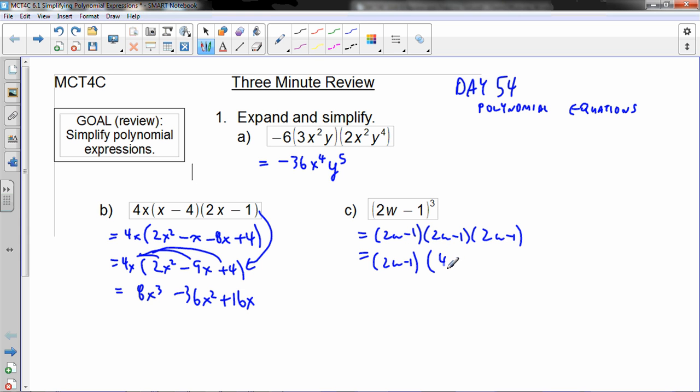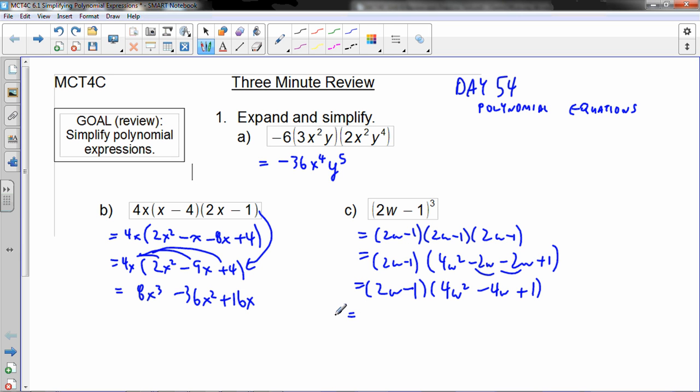Everything times everything. Collect like terms in the second bracket. I'm going to end up with a trinomial inside the bracket. And then everything times everything again. Notice I got a binomial times a trinomial. I'm going to end up with 6 terms.